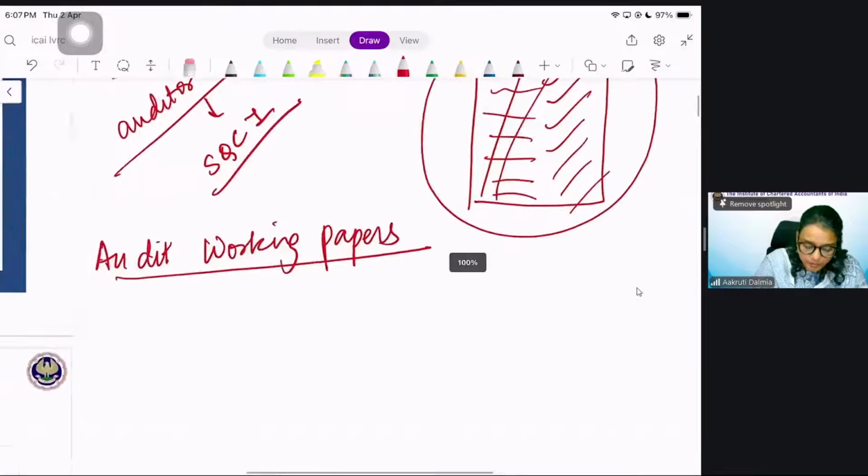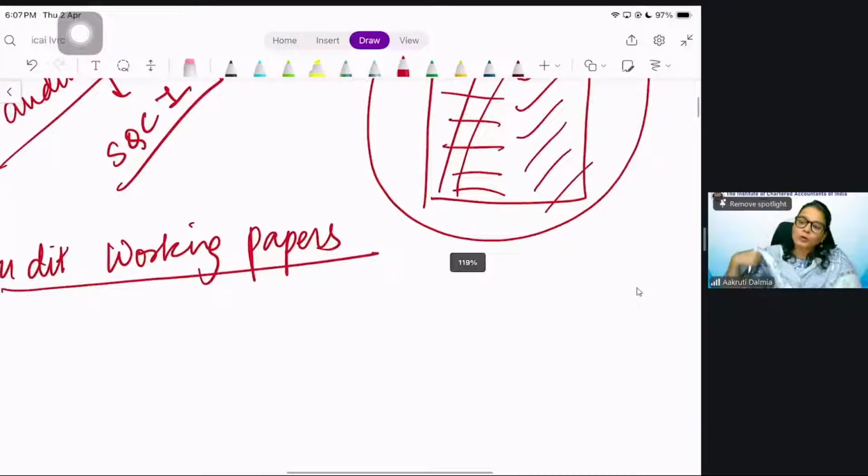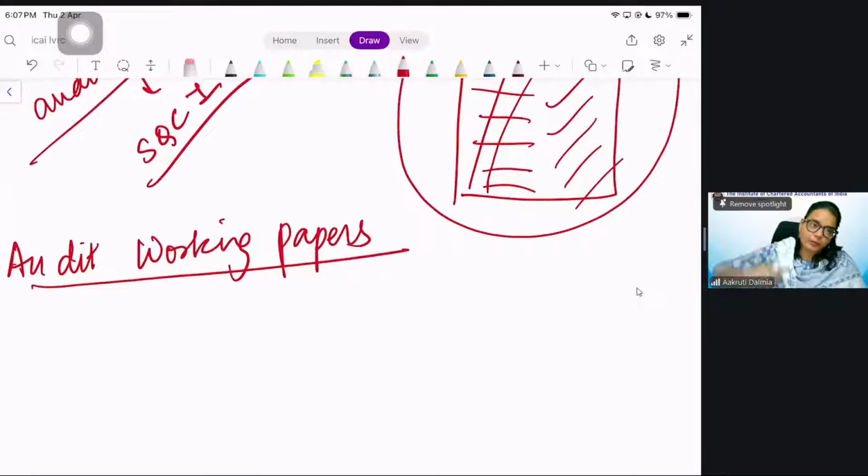Now you tell me this, that for audit documentation, is planning, what I did before I started the audit, part of the audit documentation? Quickly tell me, is planning part of the audit documentation?